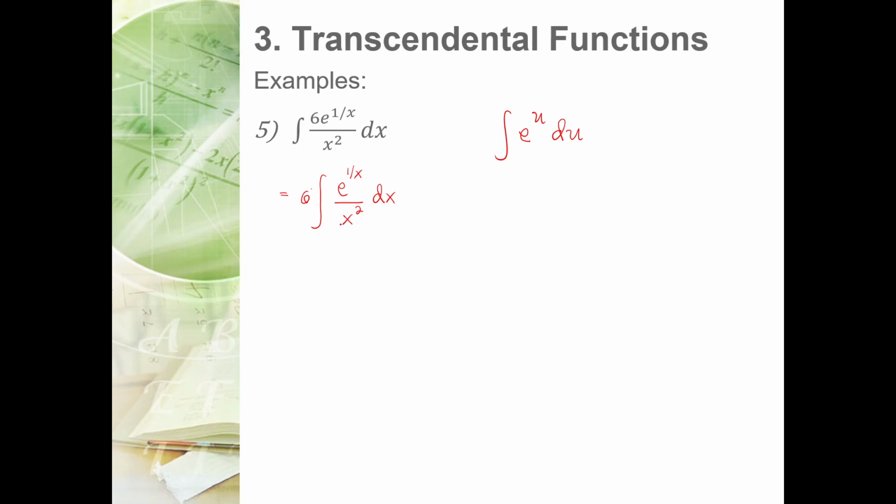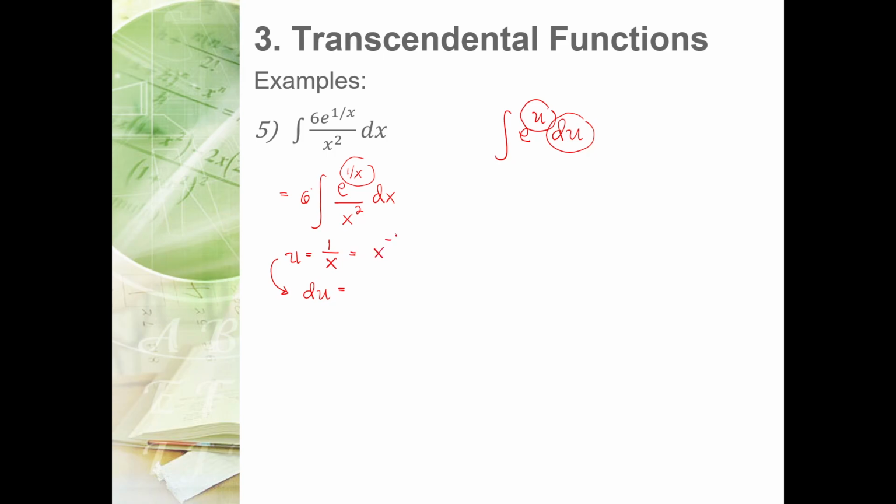Okay, so of course, what's next to do is you declare the u variable, then get the du. So here our u parameter is 1 over x.